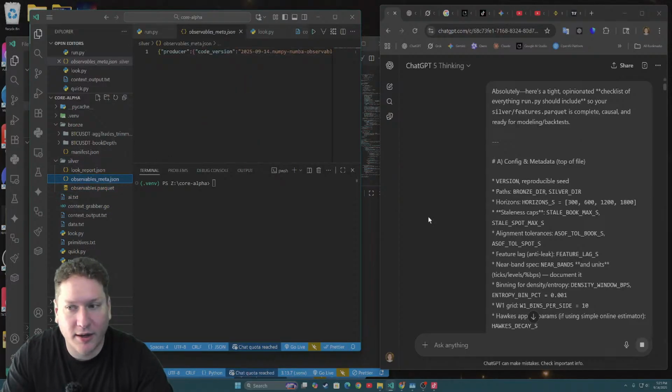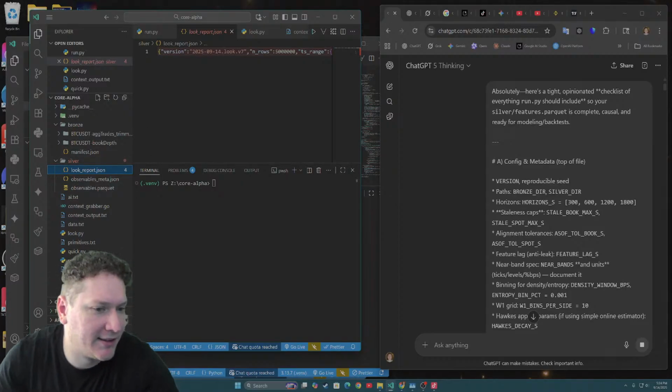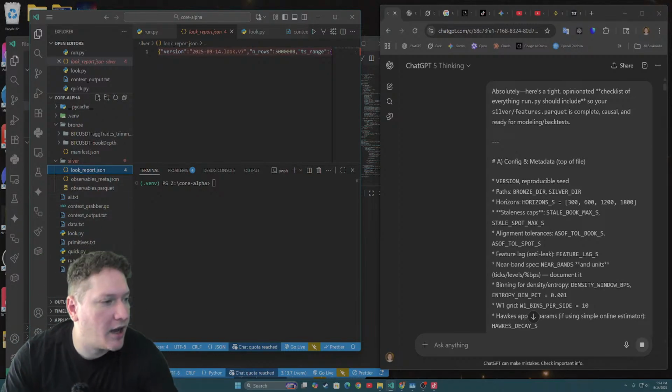So right now we need to rework run.py to add a little bit more data, so that when I run my look.py, that will give me my look report, which is the summary of the research that we did. So, mass research script, that's kind of what we're doing.